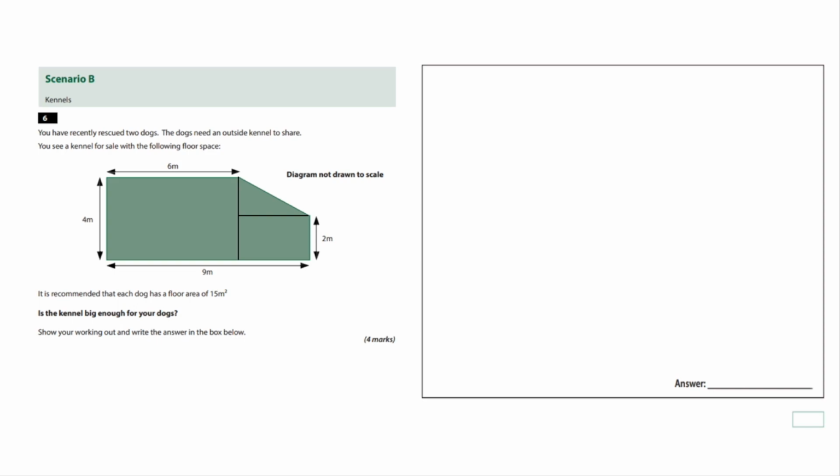And we've got one triangle there. Now, we know that the equation for a triangle is pretty much the same as the equation for a rectangle or a square, but we divide it by 2 to get the answer.